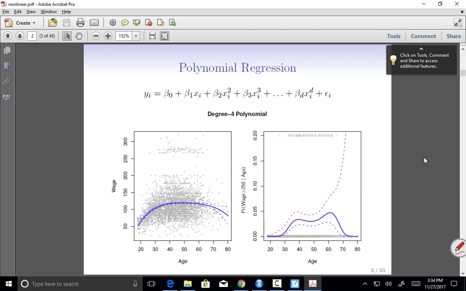So pretty much every time I make a scatter plot with real data, the next thing I do is add a smoother curve, a data-dependent curve, to help guide my eye. Just looking at a scatter plot by itself can be hard.